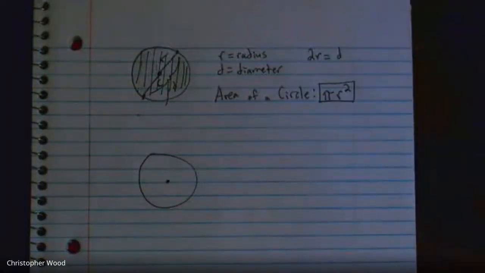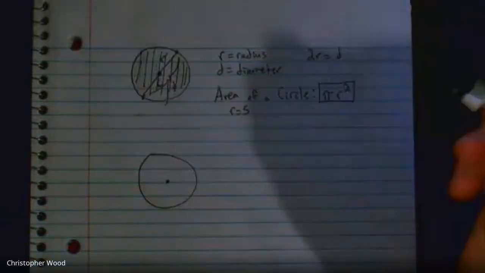So whatever r is, you square it, multiply it by pi. A lot of times we leave that in terms of pi, meaning that you're not going to actually plug pi into the calculator. You would just do r squared. So if our radius was 5, you would have 25 pi for your area. So again, if my radius is 5, then I would just plug that in.